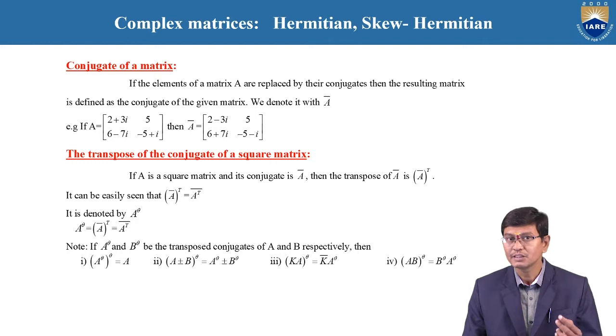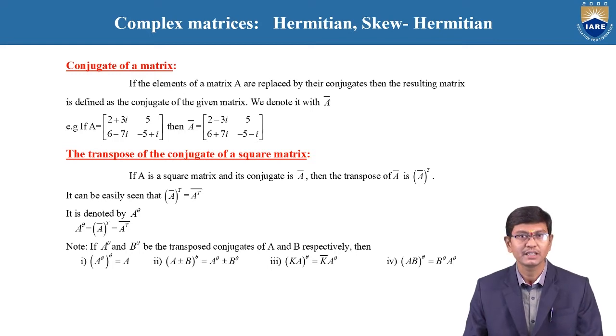By applying the conjugate on this matrix, according to the definition, 2 plus 3i changes to 2 minus 3i. The second value is a real value only, so the conjugate is not applicable and it remains as it is, that is 5.